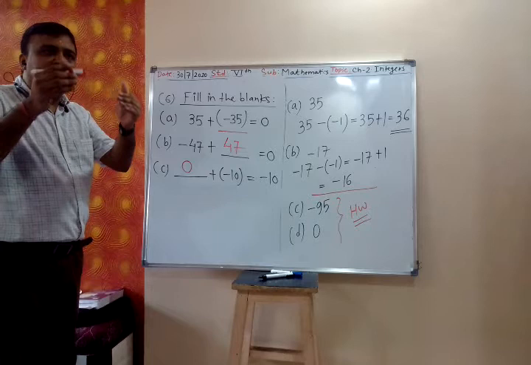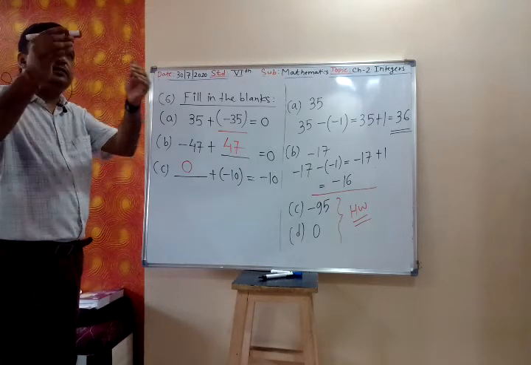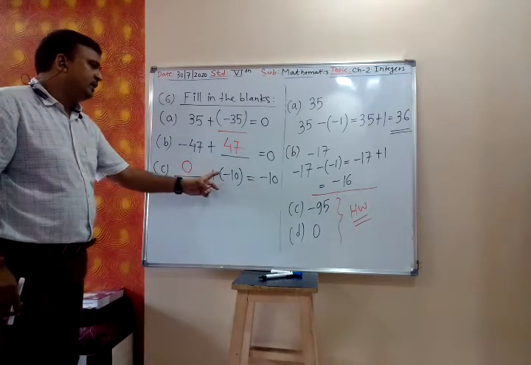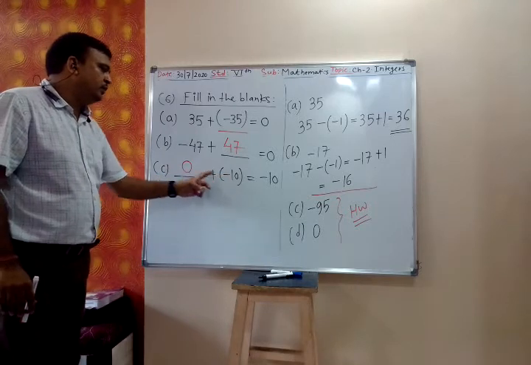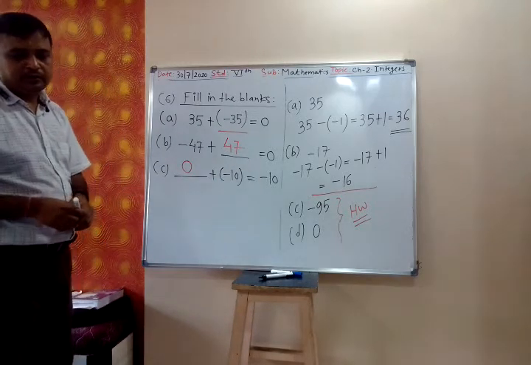Whenever we add any number to 0, you get the same number. So adding minus 10 to 0, you get the same number, minus 10.